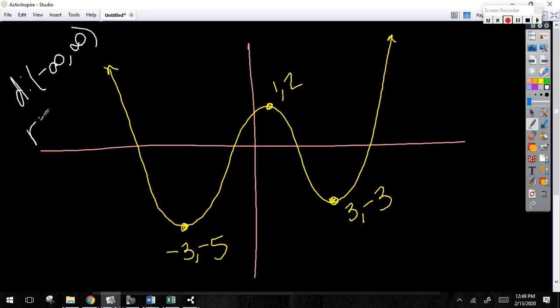Negative 5. Do we all see why it starts at negative 5? It's the lowest point on the graph. As I go up, where does it stop? Infinity. It never stops. There's never a place where there's no graph. It keeps going. So negative 5 to infinity. Yes or no?